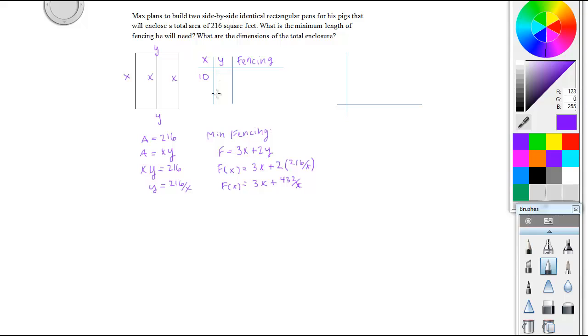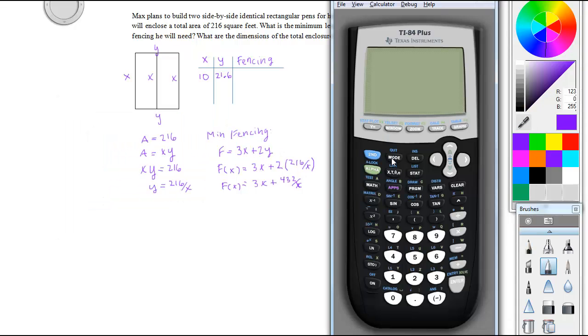If x is 10, then y is 216 divided by 10. So that's a good one because it's easy to calculate what y is. It would have to be 21.6. And then you want to see what the fencing is like. If this side is 10 long and this side is 21.6 long, then how much fencing would that be? 10 plus 10 plus 10 plus 21.6 plus 21.6.